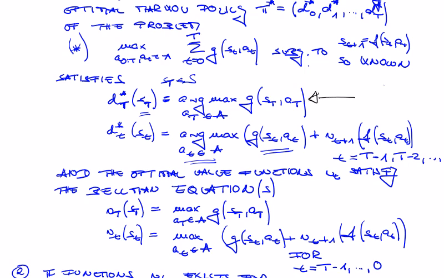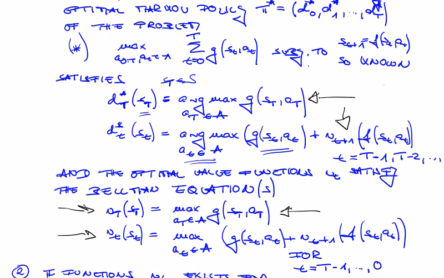Once we have this, we can use it together with this here. So we have to compute the optimal decision policy and the value of the optimal value function. Then we can use this to compute the next optimal decision function.